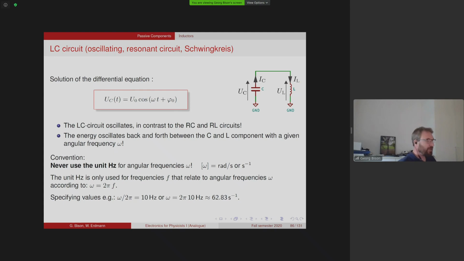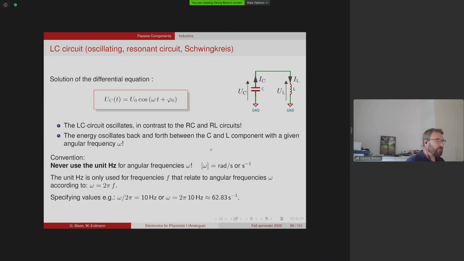At this point, I want to make an important comment: if we write frequencies in these equations here, it's always an omega. And so this means it's an angular frequency. And the unit of an angular frequency is in principle radians per second. And since that's not so convenient to write, people often also write inverse seconds.